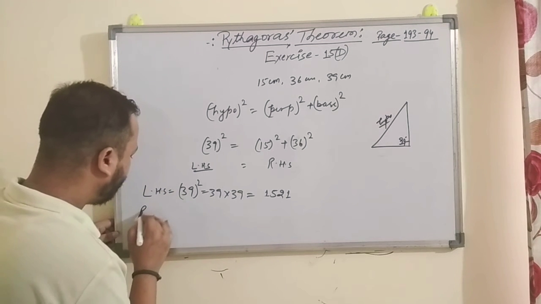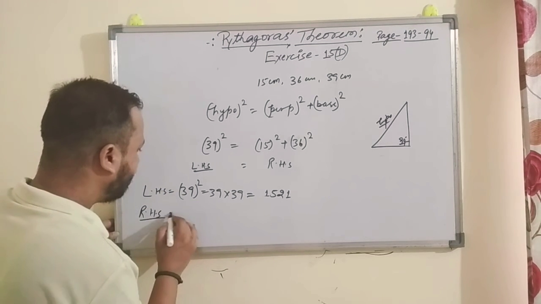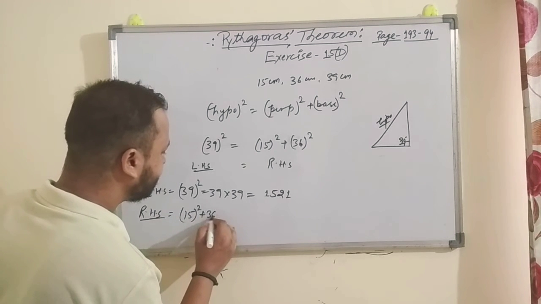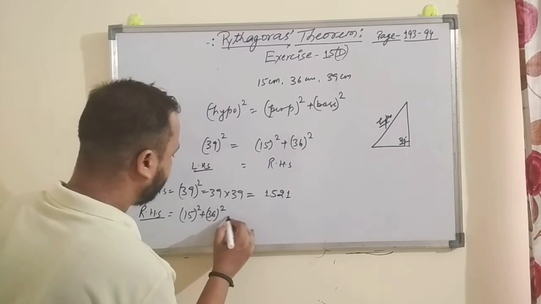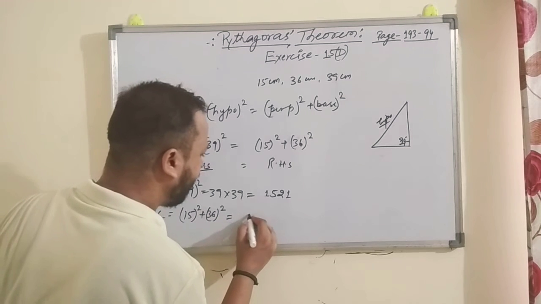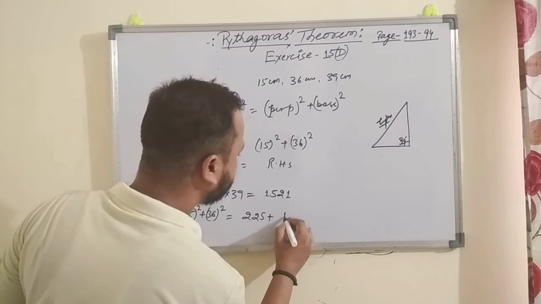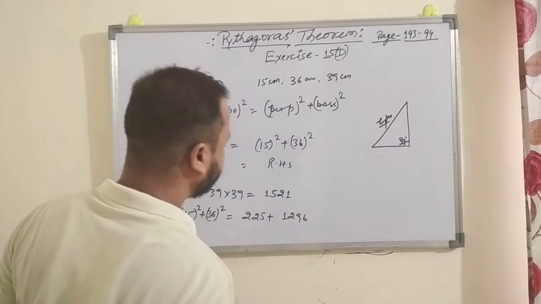If we talk about the RHS, it is 15 square plus 36 square. We know that 15 square is 225 and 36 square is 1296.